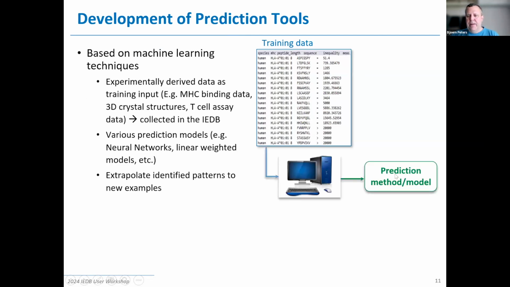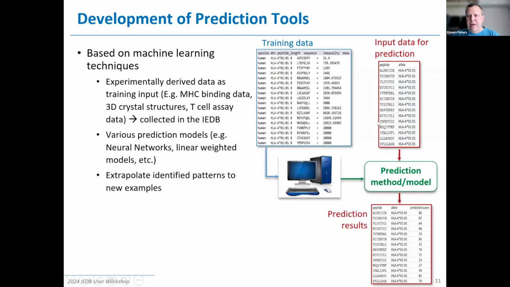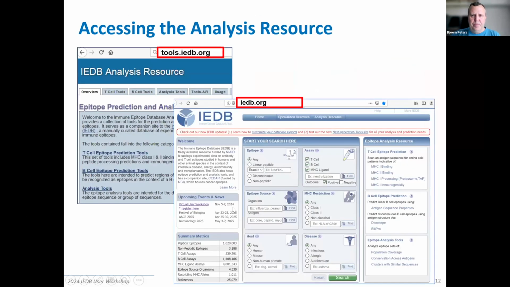So from the training data, you're building prediction models, and then you have your input data that you can now use in your tool, run through the model and get your prediction results. Here, MHC binding is always an easy example, but the principle applies really to all the prediction tools that we have on the site.